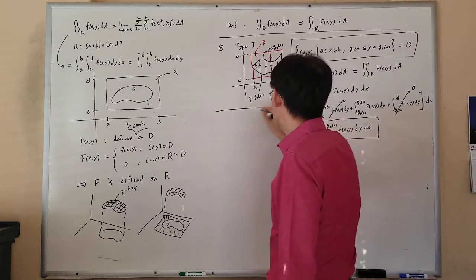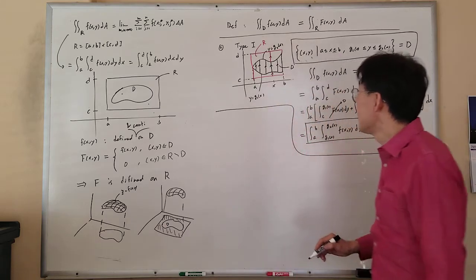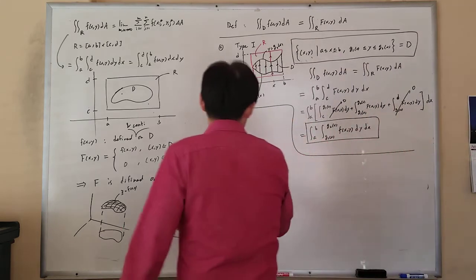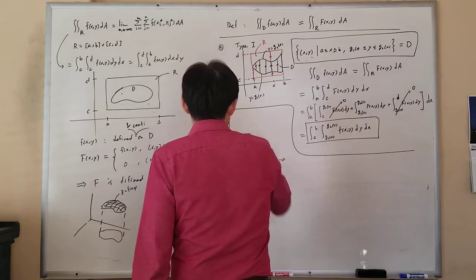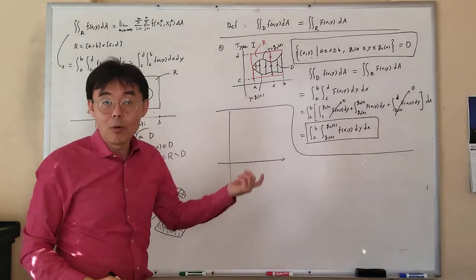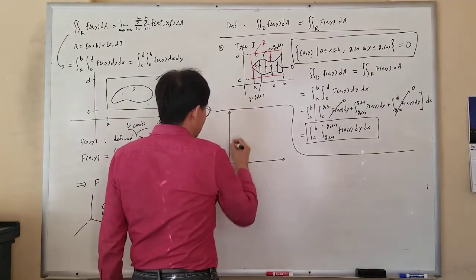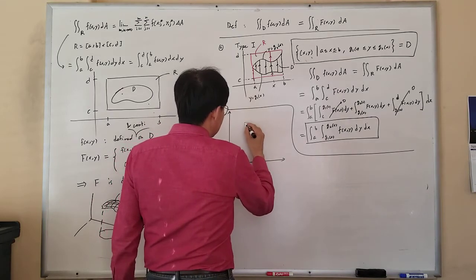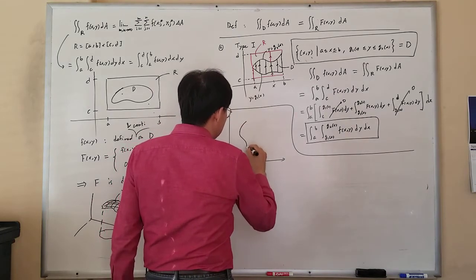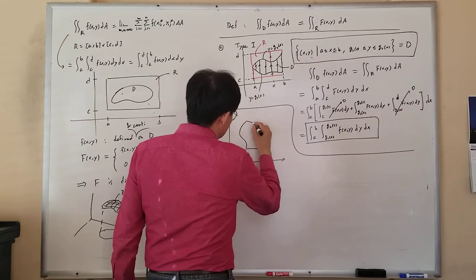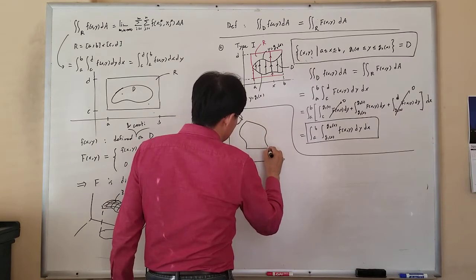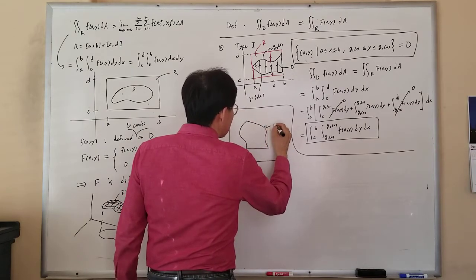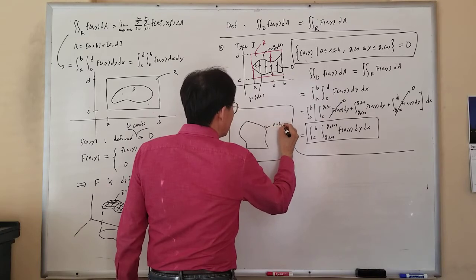Likewise, type 2 is the region, just changing the roles of x and y. So it's like this. X equals h2 of y.